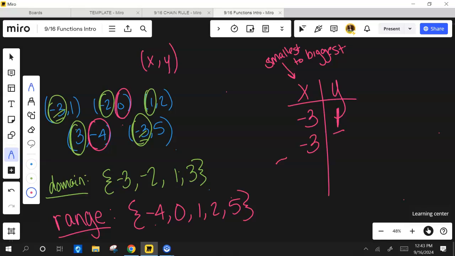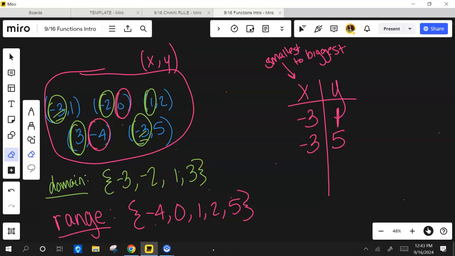Everybody stop right now and look at your paper and look at these points. All right. It depends on what you start with, right? Because I started with these points. I'm just listing them in a table. These are my x's, these are my y's. X, y, x, y, x.